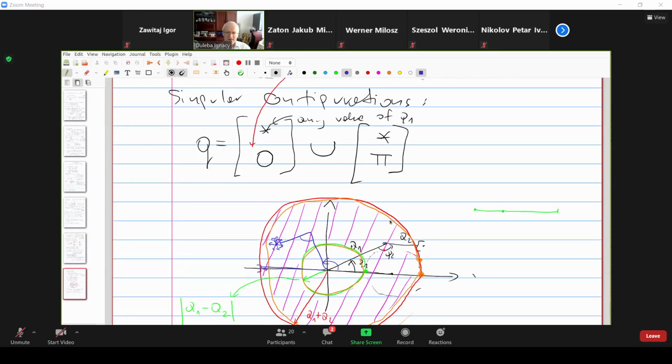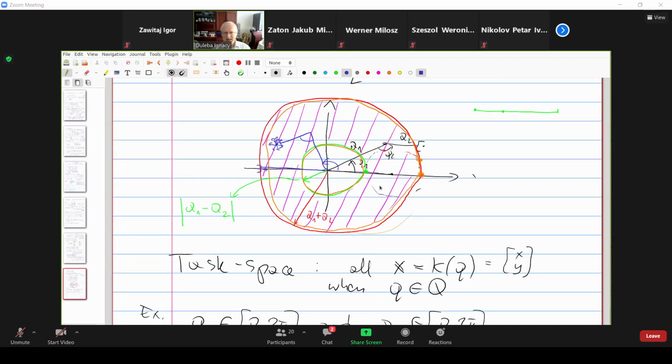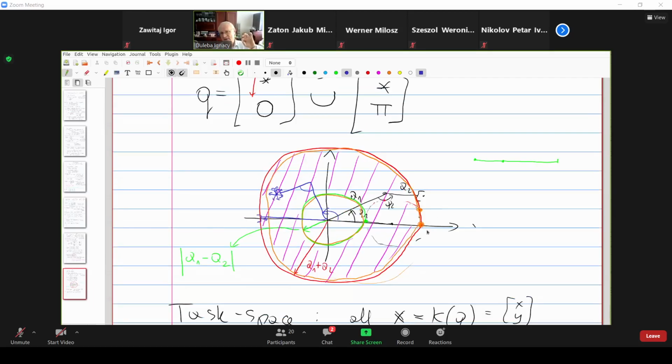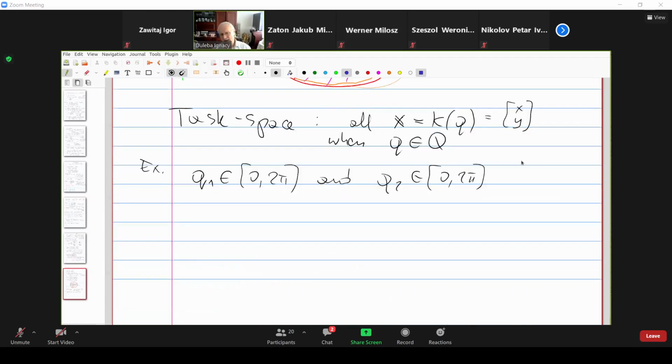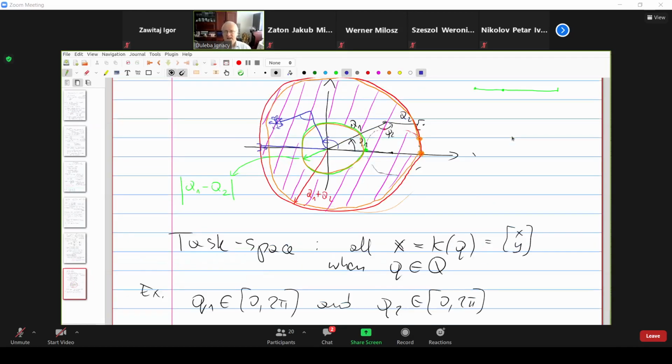Then I've recalled what task space means, and we've noticed that usually singular configurations, when mapped via forward kinematics, occupy the boundaries of task space. It is quite a useful observation.